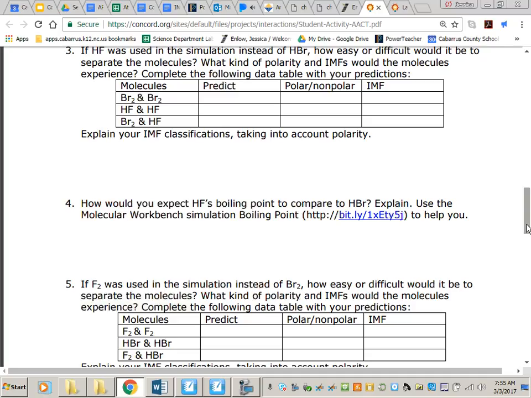So they have a higher one. Thank you. That makes sense. So HF higher. And the prediction for F and HCl.